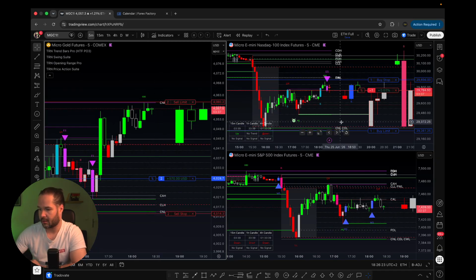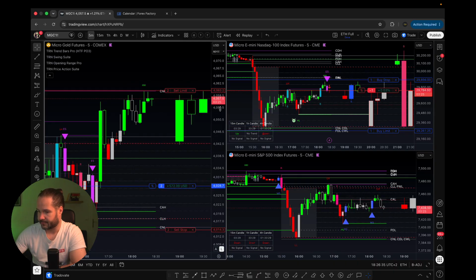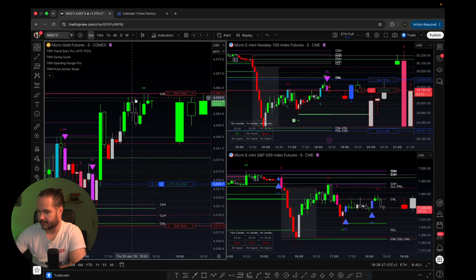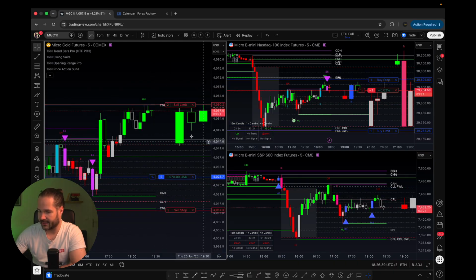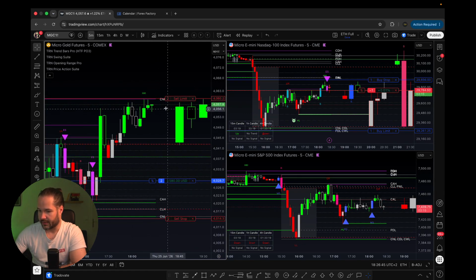But it will not pump. So it will have a tough time to continue upwards when NQ really drops. Let's see. Right now gold is again trying to reach the target. What the hell is going on here?